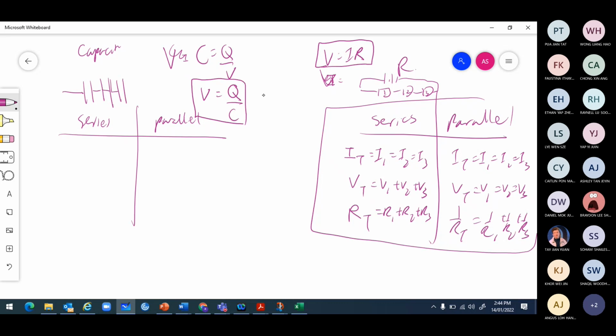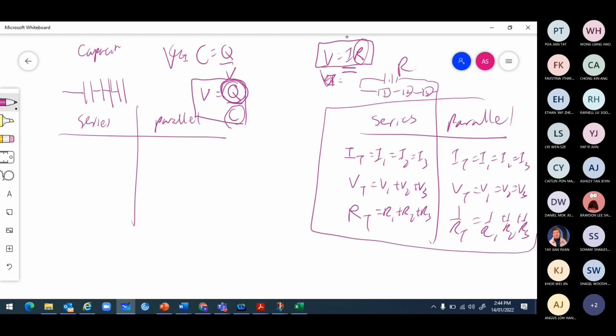You see here there is current, here there is charge. The current and charge work the same way. But resistance and capacitance are opposite.